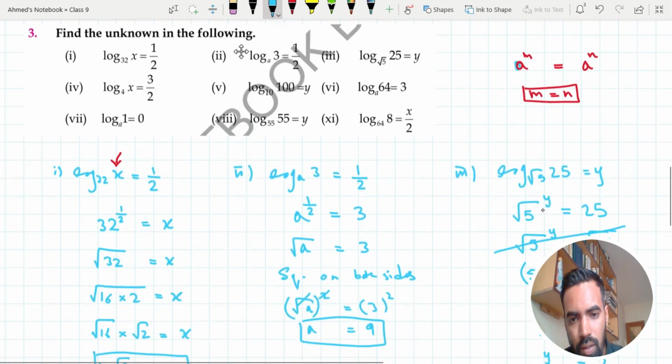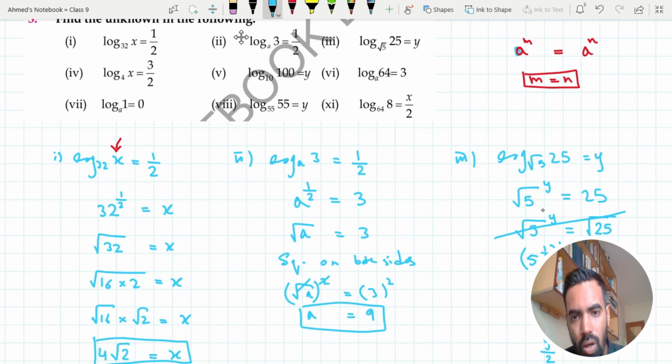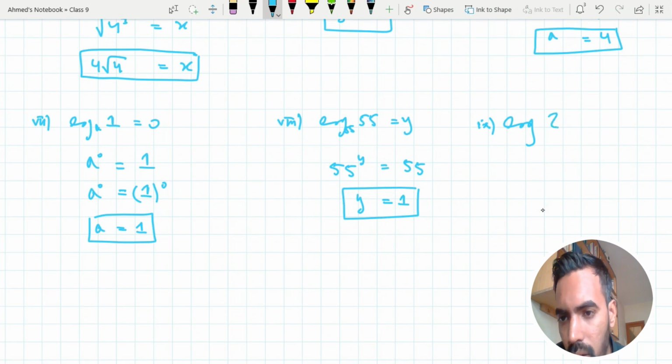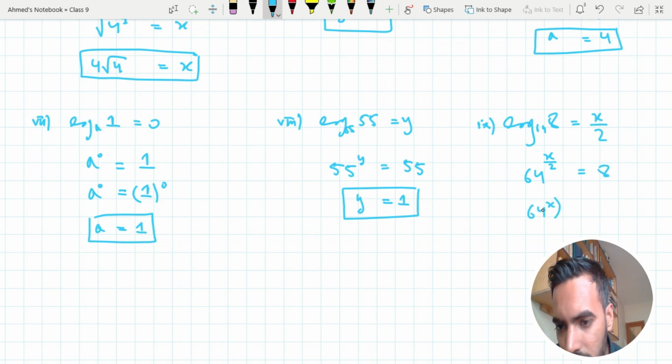Okay, now it is part 9. What is it? Log 8 with base 64 equals x/2. So it will be 64 to the power x/2 equals 8. Now I separate x/2: 64 to the power x, and then to the power 1/2, equals 8. Why? Because I know that 1/2 power is the square root.